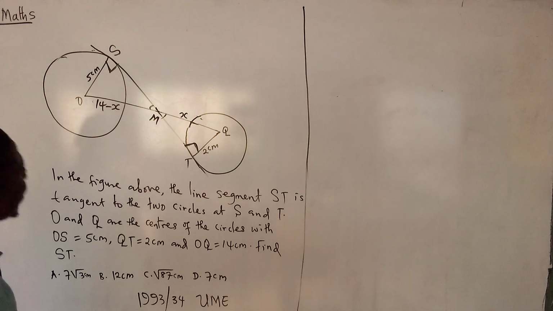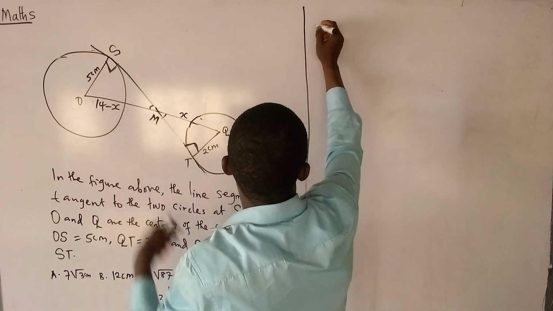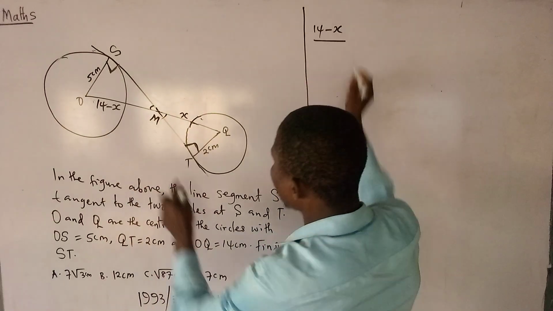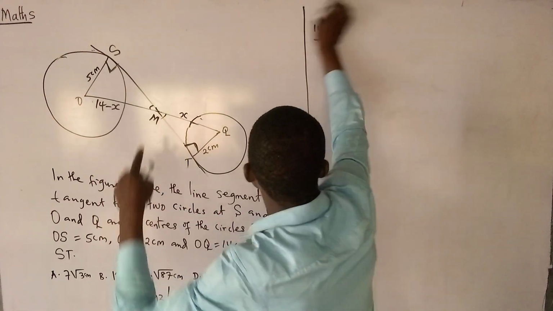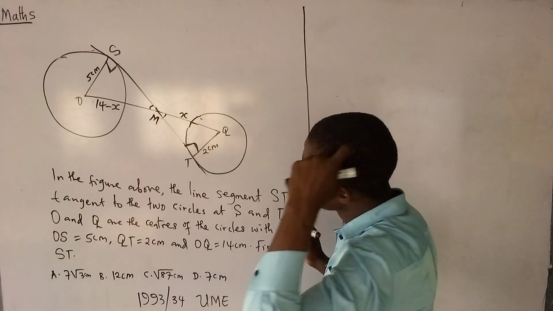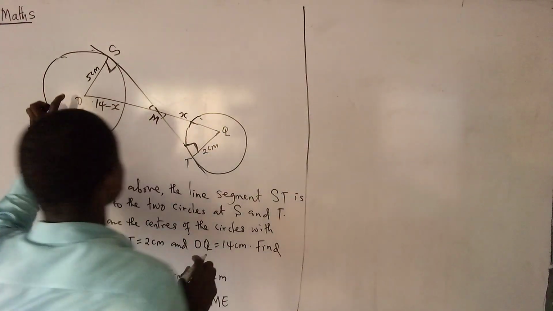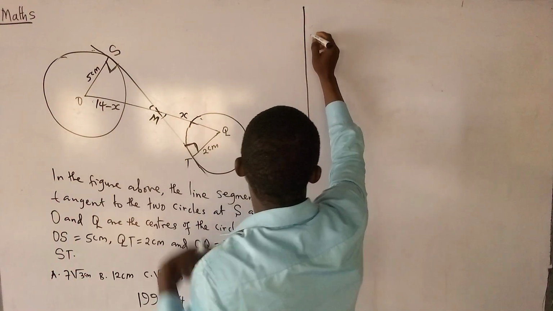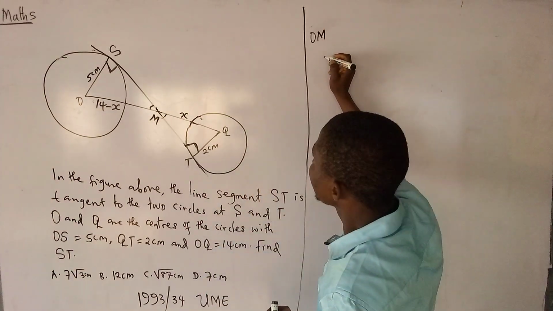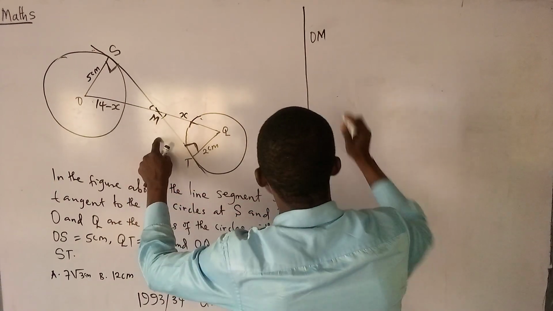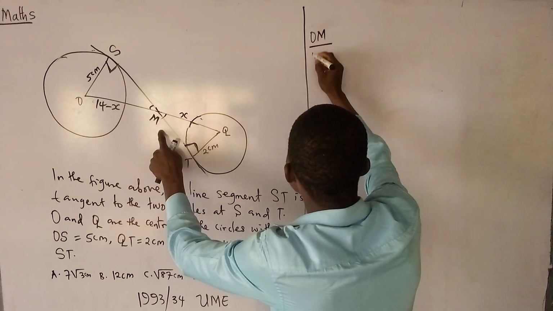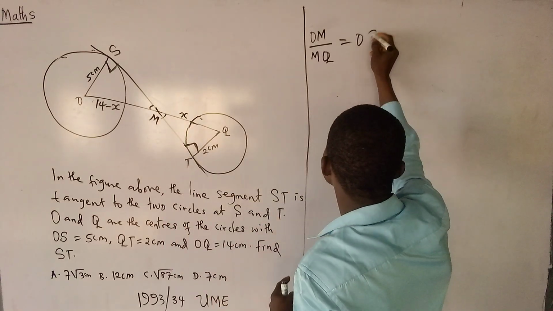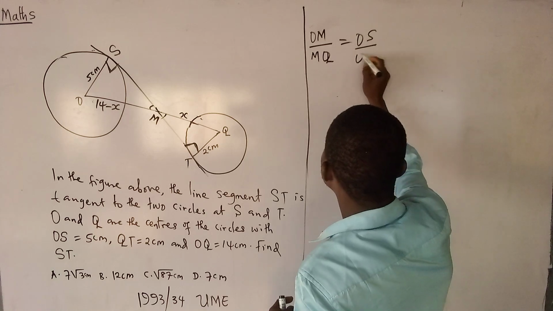As a result, the ratio of line OM to MQ must equal the ratio of OS over QT.